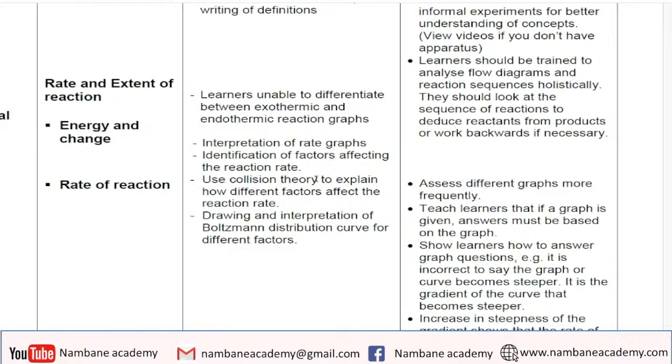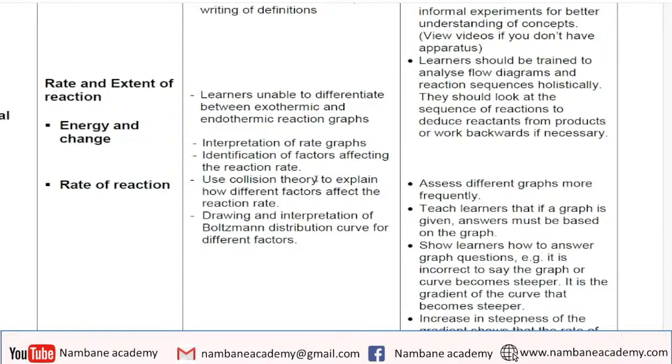But whenever they ask you to refer to the what? To the graph, please talk to the gradient or the steepness. This one is steeper than this one. You can see from the graph that this one is closer to the y-axis than this one. But you don't say it's closer to the y-axis. That is not the language we use. We say it is steeper. Let me stick to that, because some people will go on and write that this one is closer to the y-axis and not get it right.